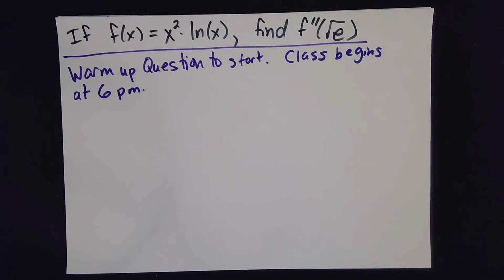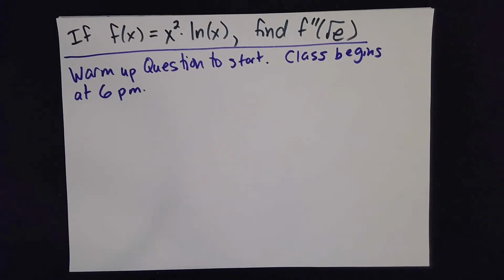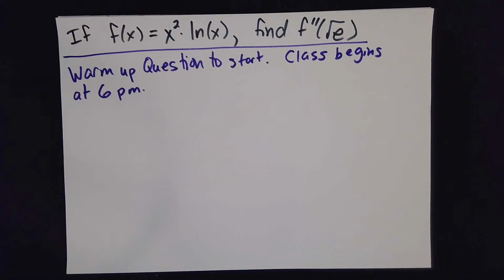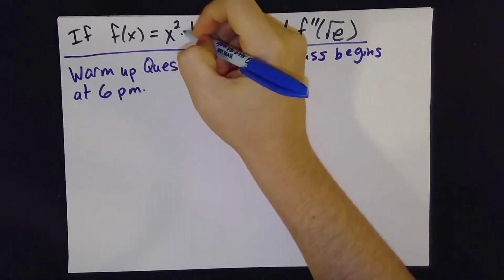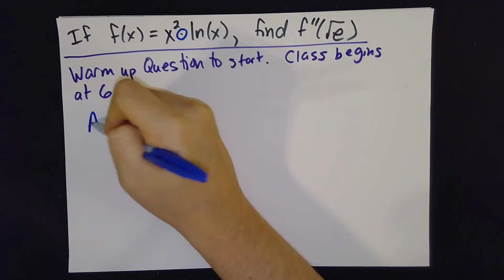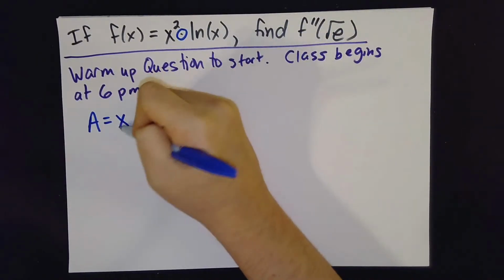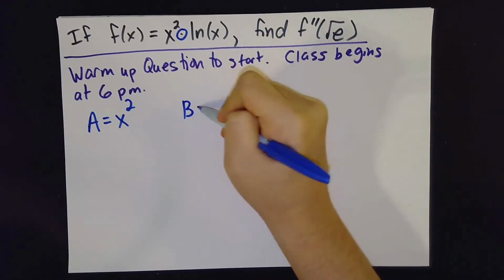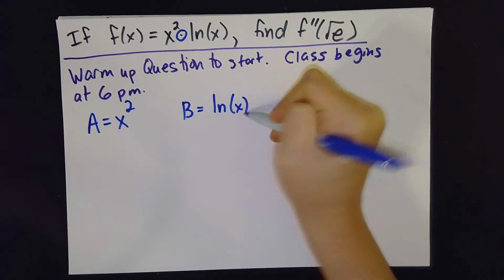All right. So let me start with this question, and then I'll open it up and ask whatever people want to ask about. So let's do one of these ever popular derivative questions. This is a product rule question. So we're going to let a here be x squared, b be the natural log of x.